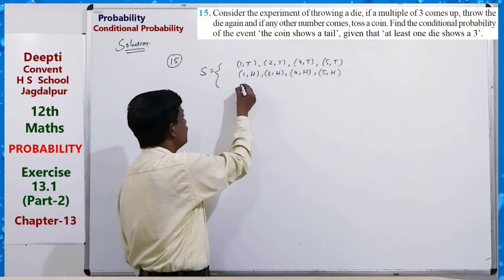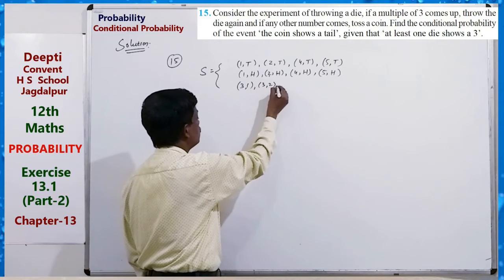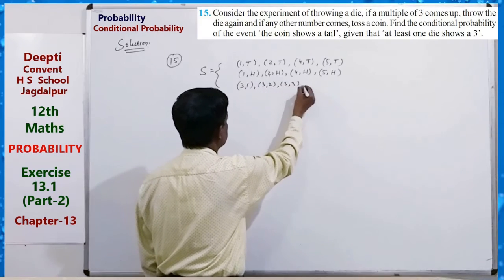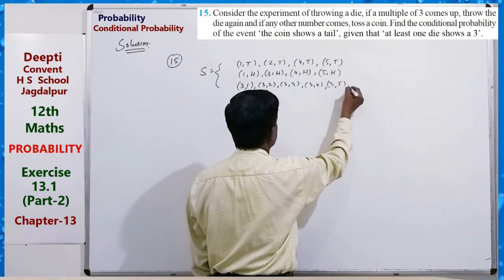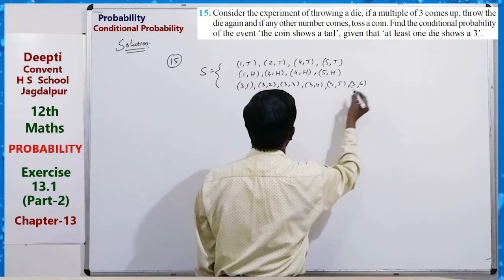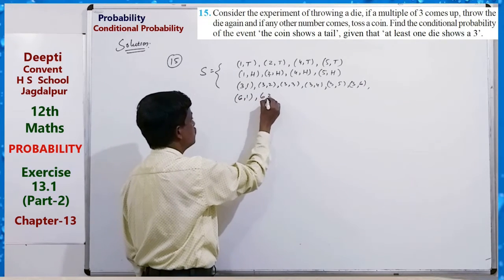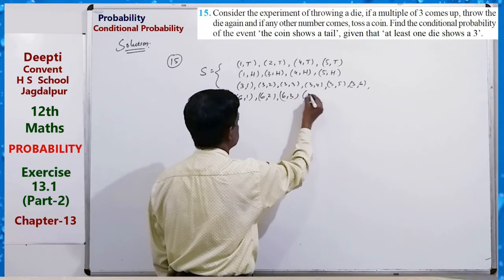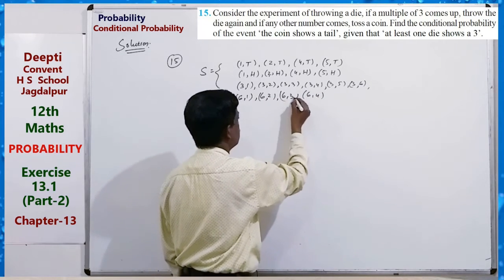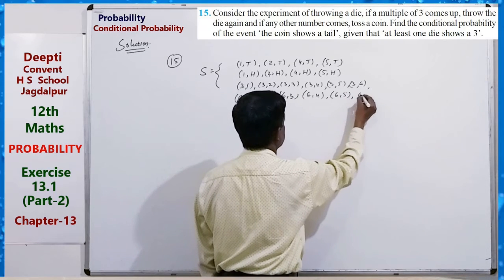So with 3: 3 1, 3 2, 3 3, 3 4, 3 5, 3 6, and with 6: 6 1, 6 2, 6 3, 6 4, 6 5, 6 6.